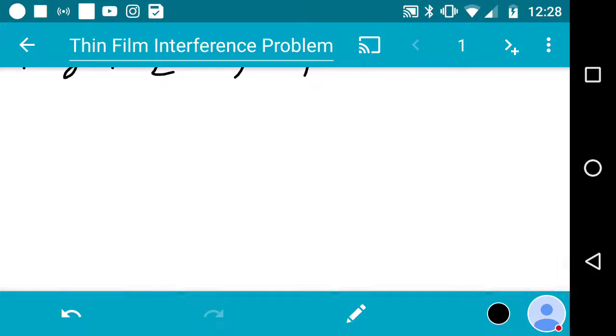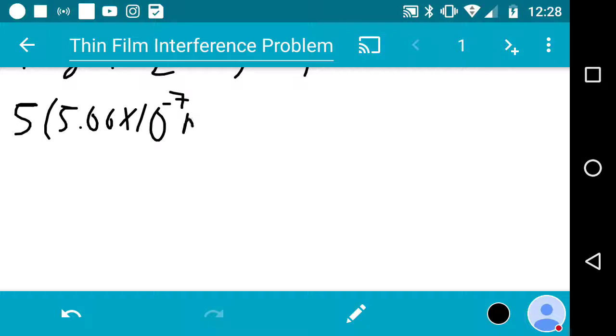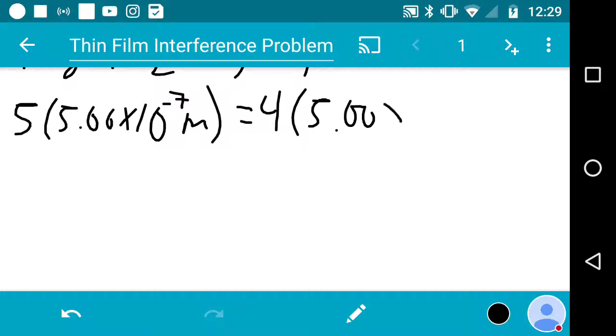So if we plug that in, we're going to have 5 times 5.00 times 10 to the minus 7 meters equals 4 times 6.25 times 10 to the minus 7 meters.